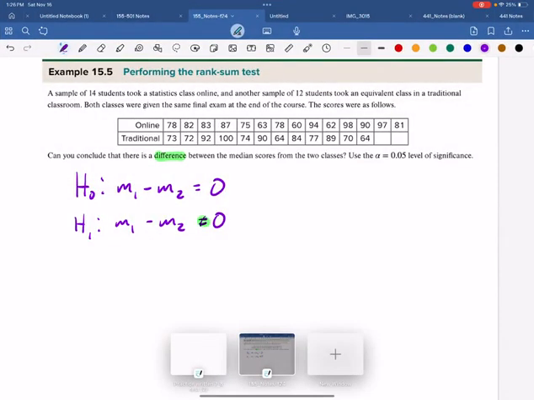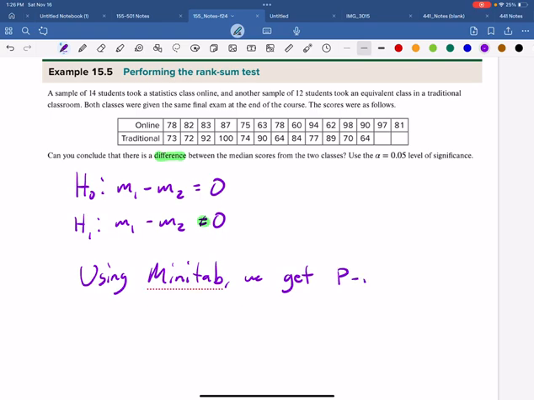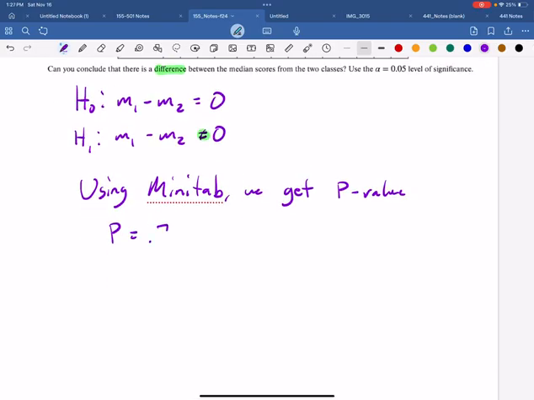So if we go back here, we'll say using Minitab, we get p equals 0.719, which is significantly greater than alpha equals 0.05. So, fail to reject the null hypothesis.